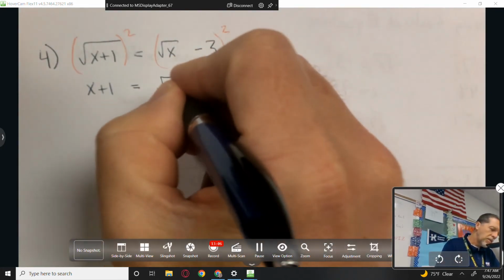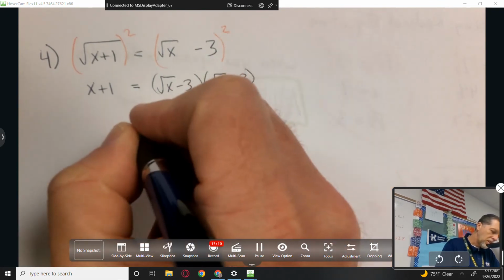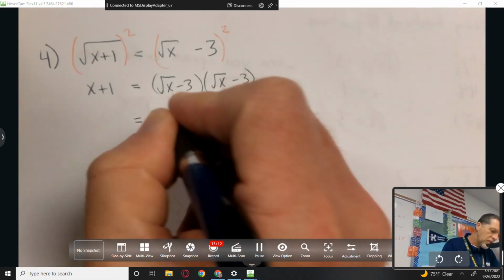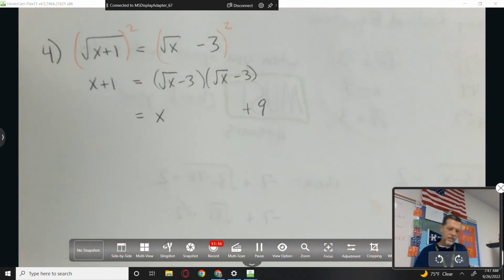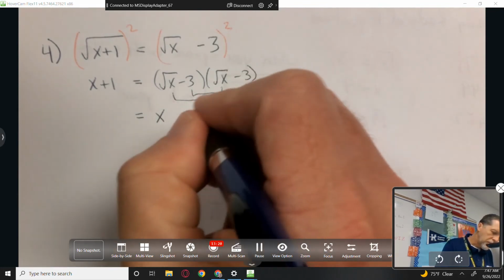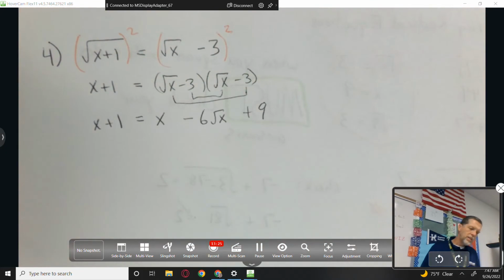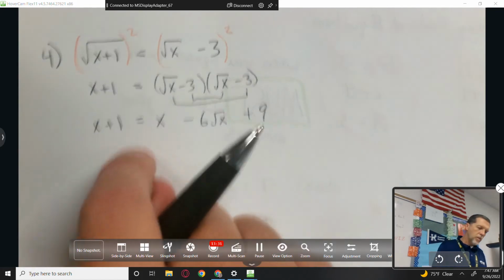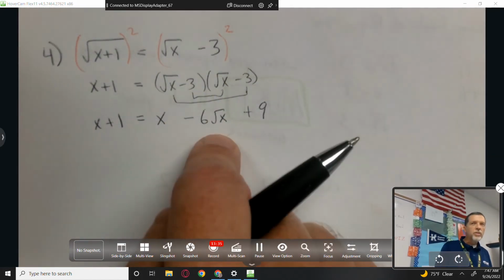So square root of x minus 3 times square root of x minus 3. We will get an x and a plus 9, but we'll also get the O and the I of FOIL here, minus 6 square root of x. I don't know, maybe that looks more complicated than what we started with, but there's only one square root now.